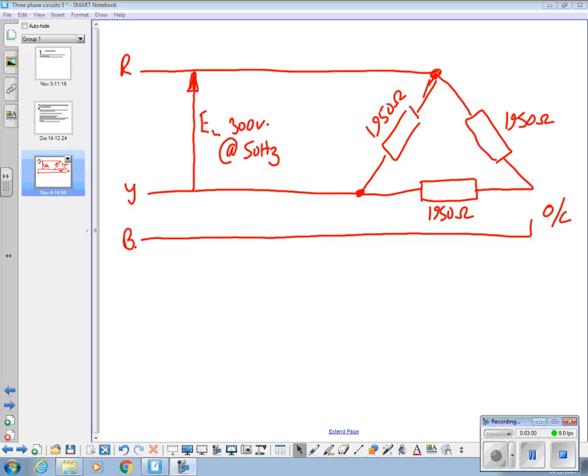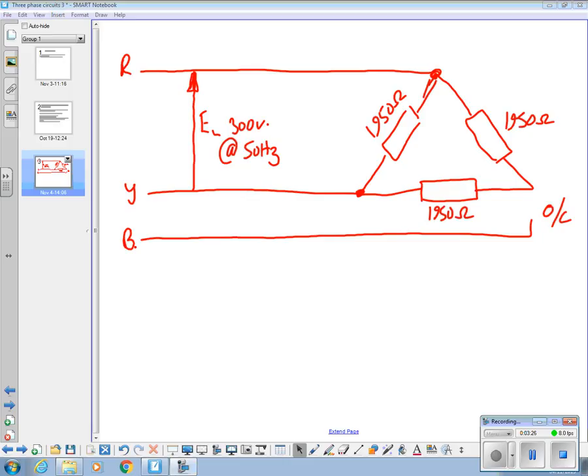So, that is the system we've got. Effectively, we've got a pair of phases, the red and yellow, supplying 300 volts to that delta network. And the blue phase is gone. So what are we looking at there?